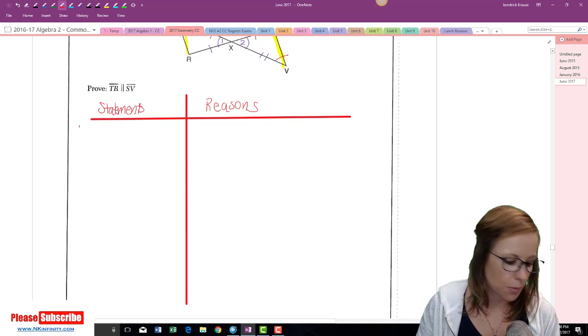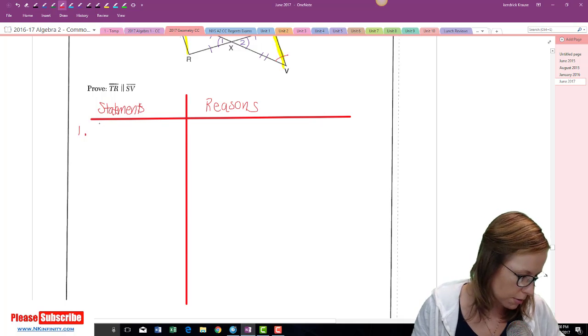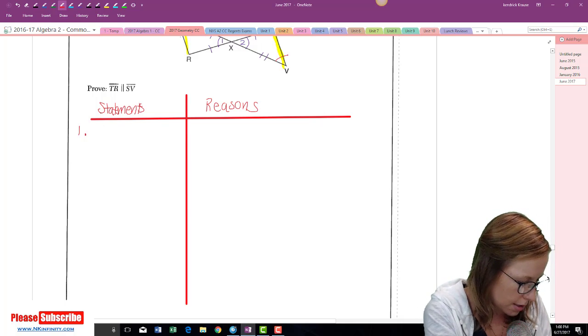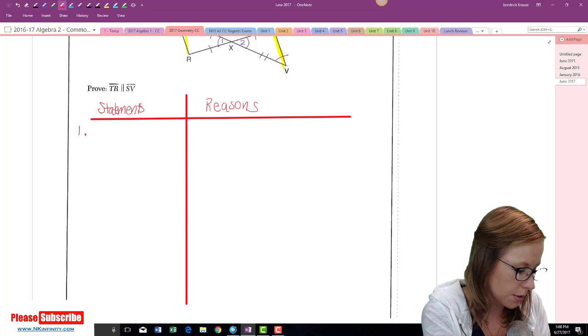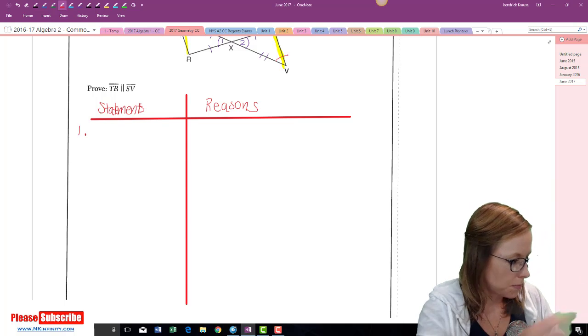All right, so step 1 is always the given. So I'm going to write my given. Sorry, I lost my page. I don't even know what number this is right now. I did too much paper shuffling. Hello. There we go.